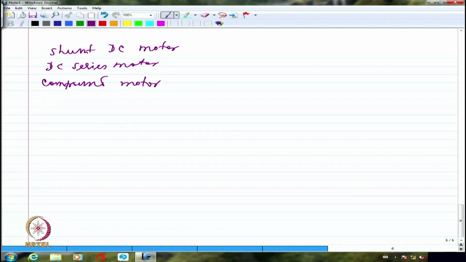In compound, of course, we will be looking at differential and cumulative. Both we will be looking at, and then we will be deriving the speed torque characteristics or relationship for each of these motors.